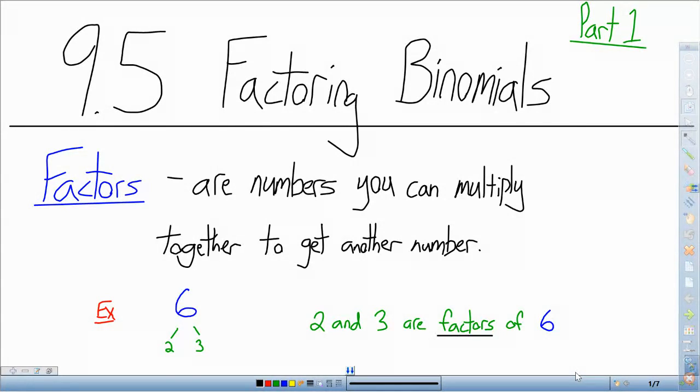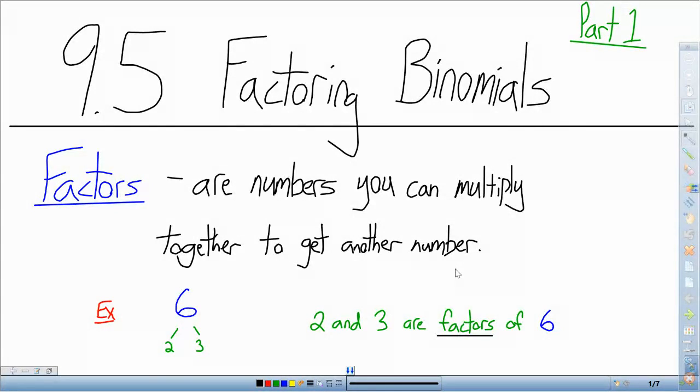Okay, so first thing, what are factors? Well, we've seen factors previously in this class. I guess just a simple way, this is not a formal definition, this is just kind of my definition. Factors are numbers you can multiply together to get another number. If you remember when we were dealing with radicals, we would break them down into their prime factors.